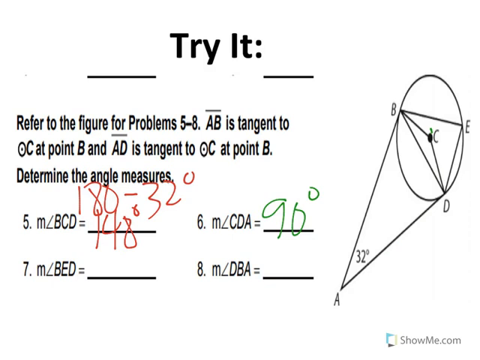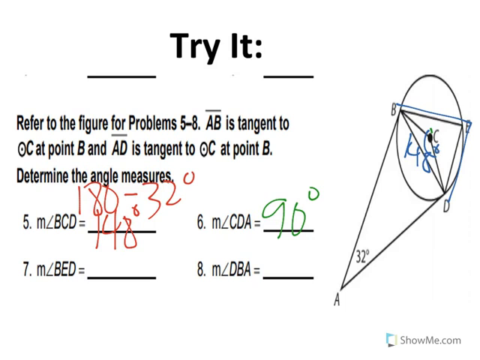And for number 7, we're looking for the angle BED. BED is this angle here. We're given that this angle BCD is 148, and that's a central angle.